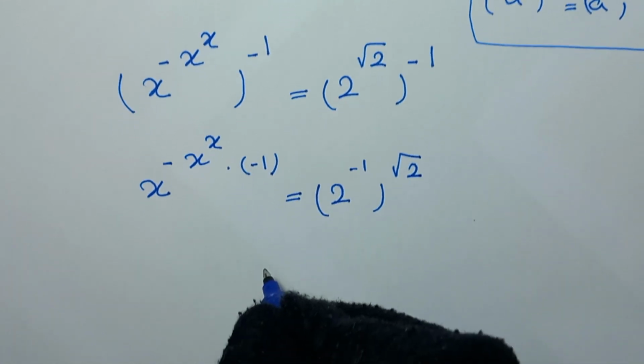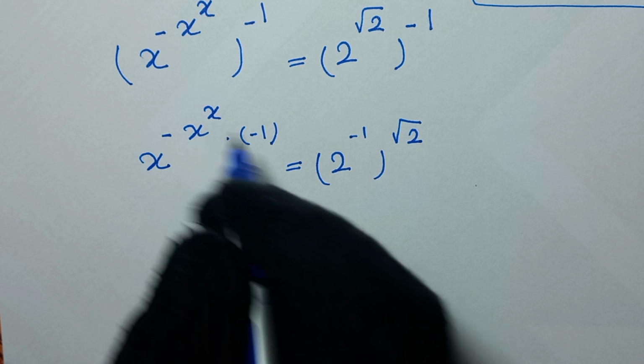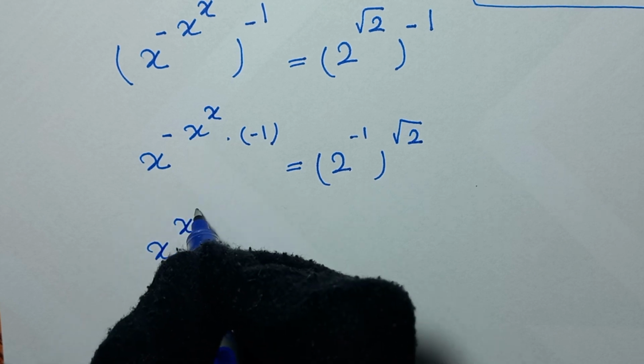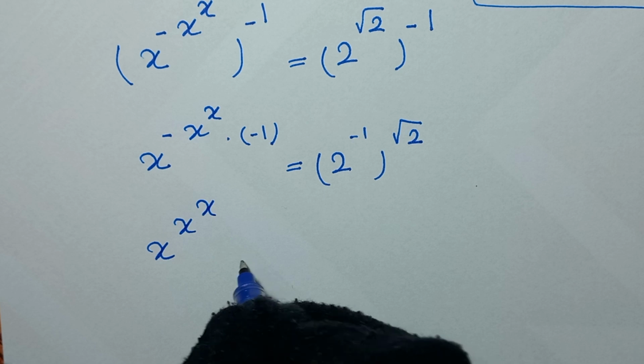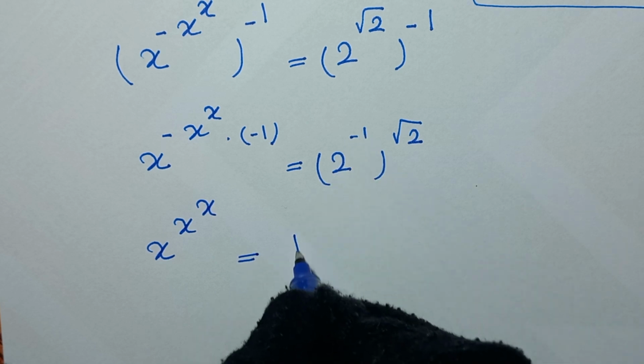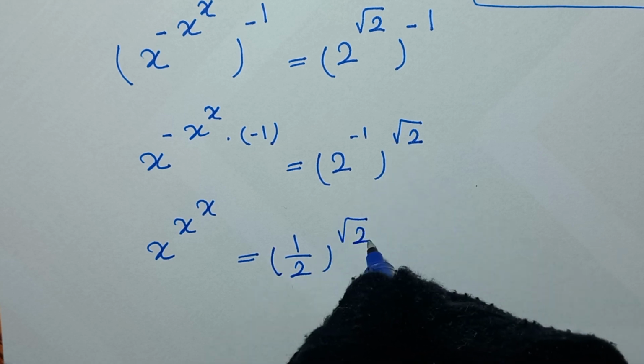Here, negative 1 times negative will be positive, so it will be x to the power of x to the power of x, and is equal to 2 to the power of negative 1, which is 1 over 2, and to the power of square root of 2.